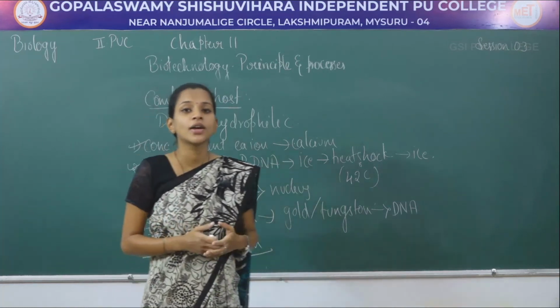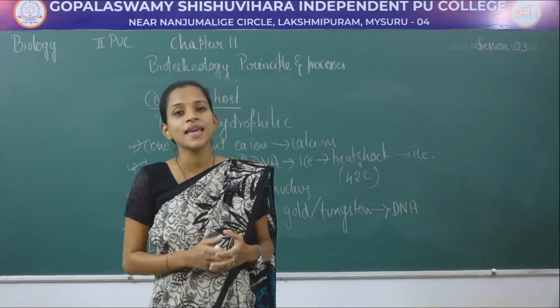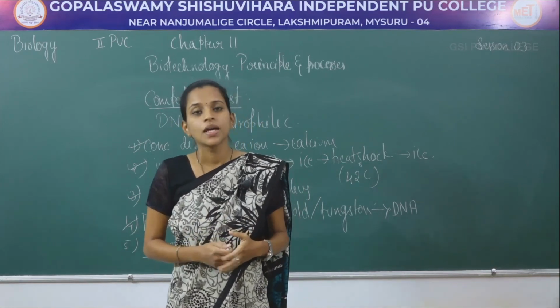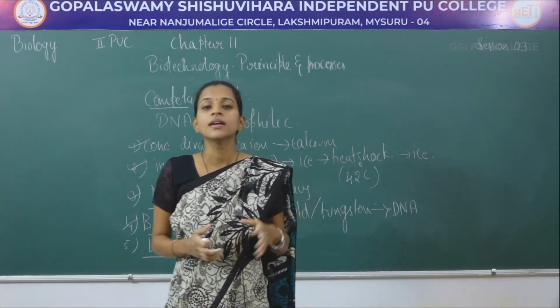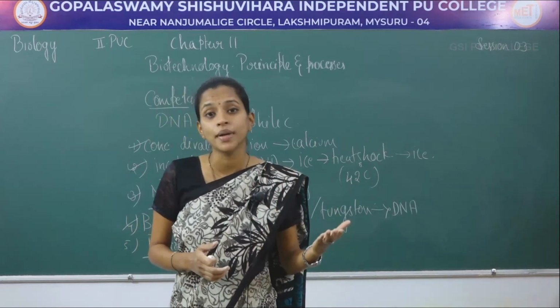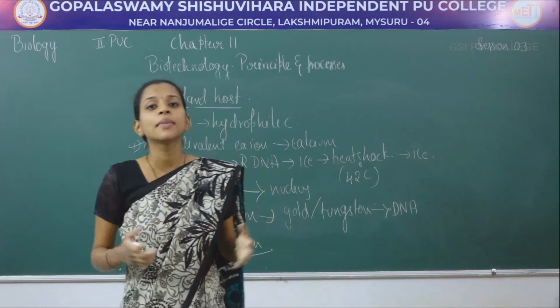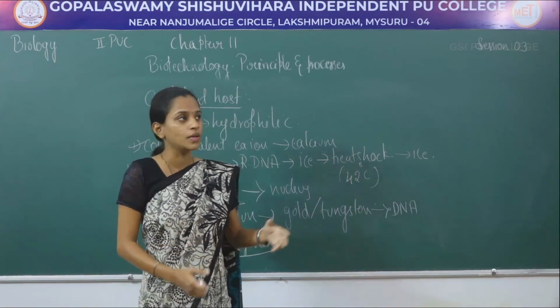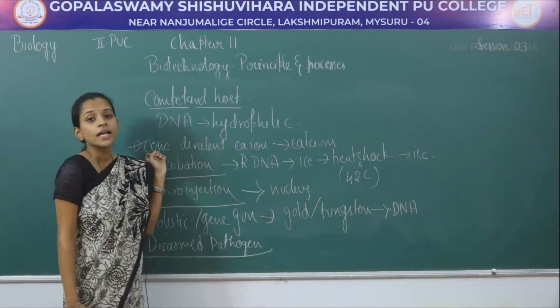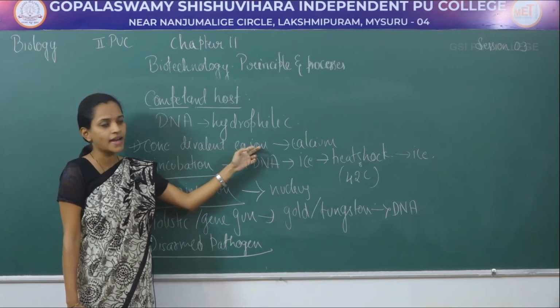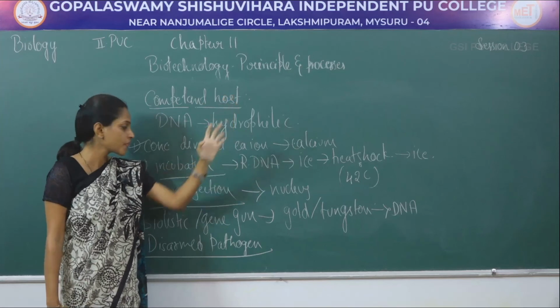A DNA is hydrophilic in nature, which makes it unable to get transferred into the bacteria. So, a bacteria can be made competent so that it can accept the foreign DNA. Different methods of making the host competent are: one, treating them with a specific concentration of divalent cations, especially calcium.